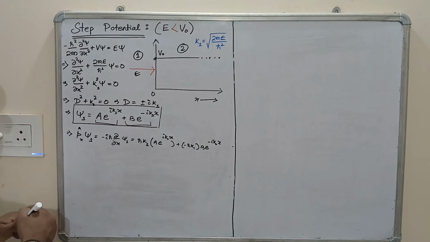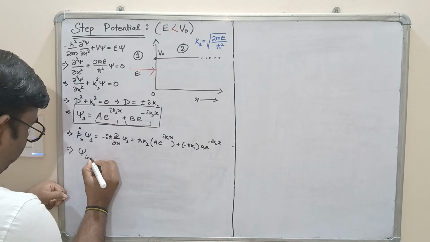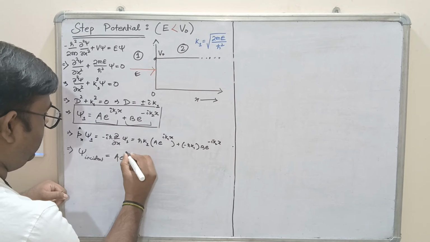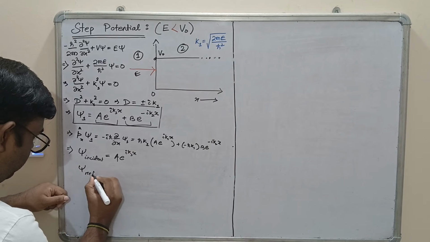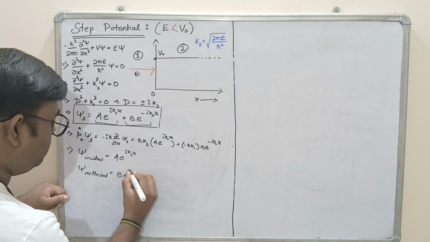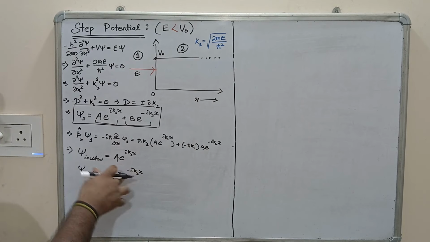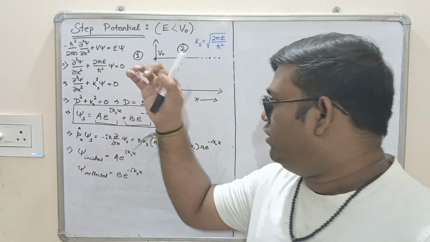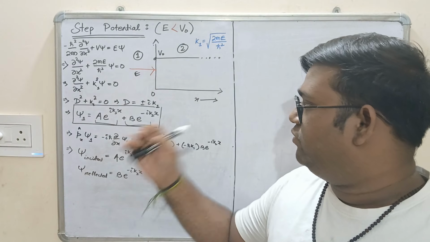It means that your incident wave is nothing but A e to the power i k1 x. Your reflected wave is nothing but B e to the power minus i k1 x. As of now, I think you understand everything because I did this in the last video also, in the first part of the question.